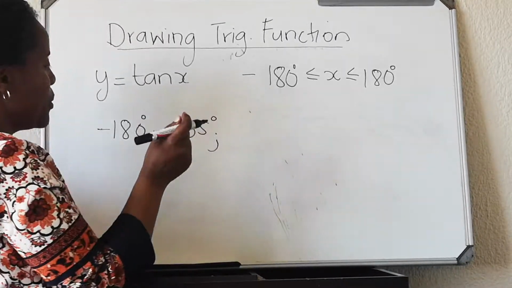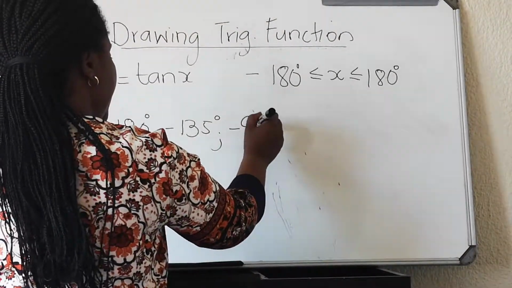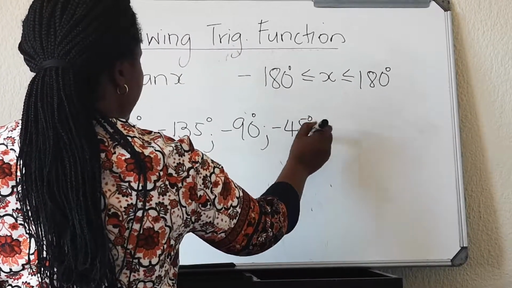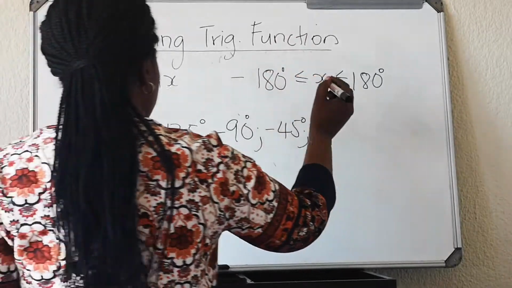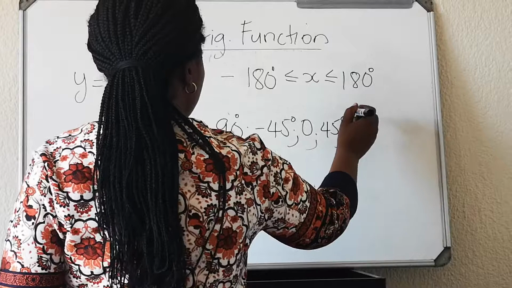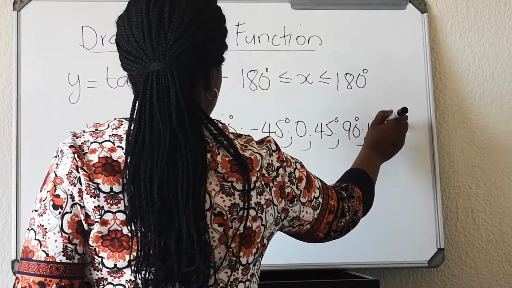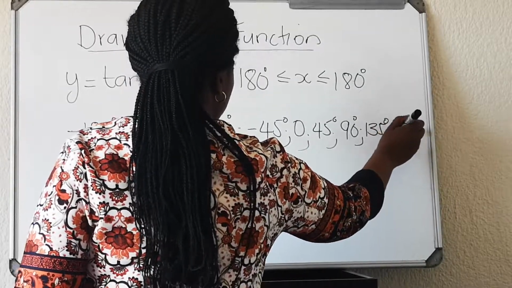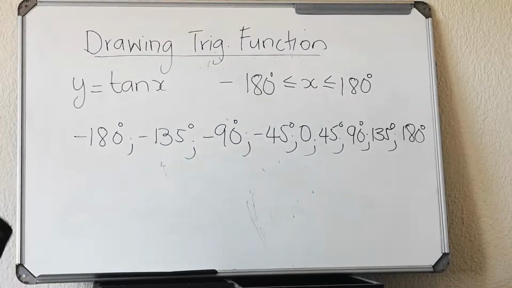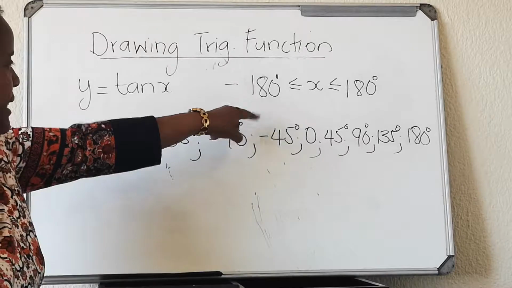Then the next value, minus 90. Then minus 45. Then 0. Then 45. Then 90. Then 135 degrees, and then 180. These are your x values for your standard tan graph in this interval.